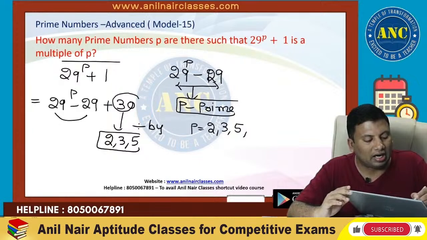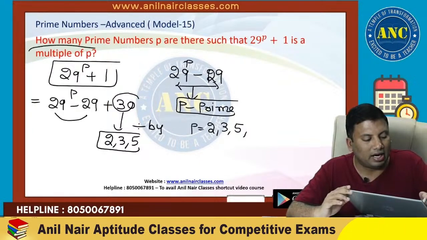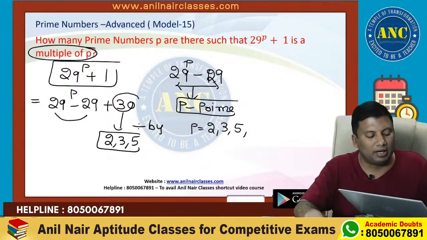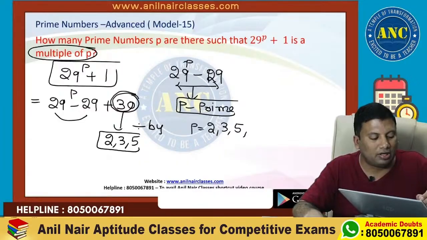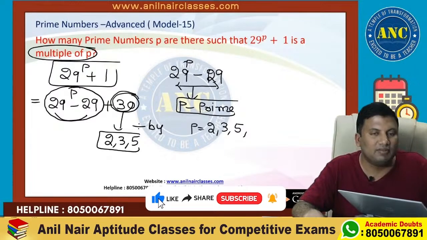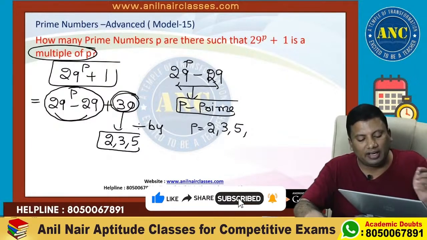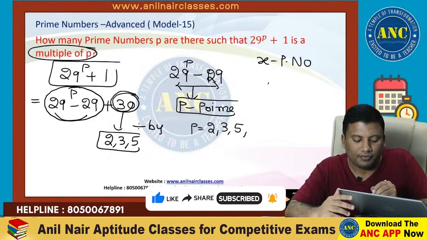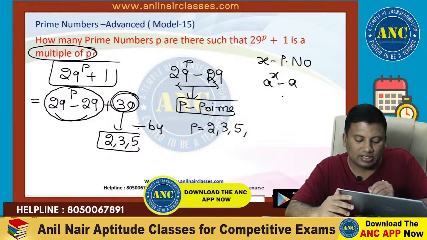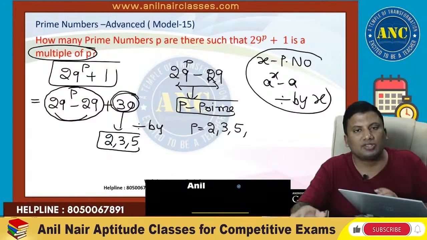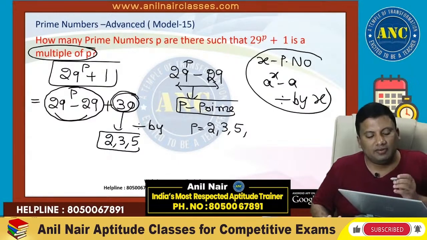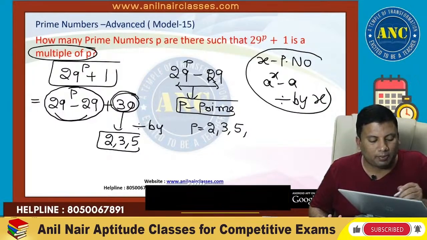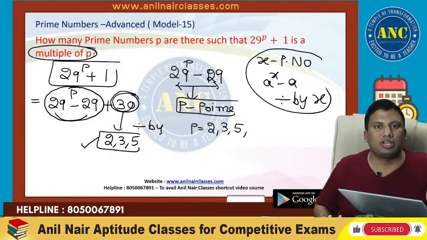So these prime factors are 2, 3 and 5. The entire number should be divisible by p. Is this divisible by 2, 3 and 5? Definitely yes, because if x is a prime number, a power x minus a is always divisible by x. So p can be a prime number, with values 2, 3, 5.